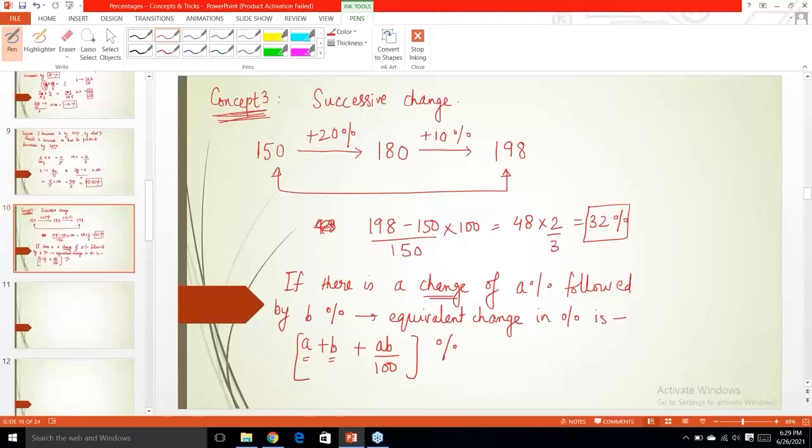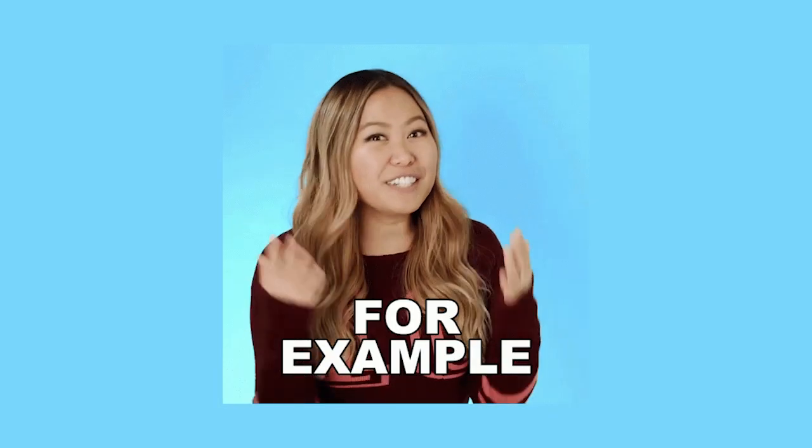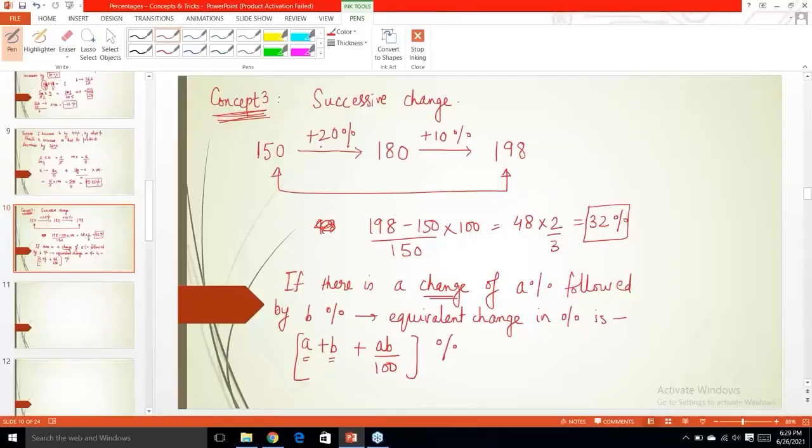And use this formula as is. So in this case, for example, A was plus 20 and B was plus 10. So what we have is 20 plus 10 plus 20 into 10 upon 100%, right? Which is 32%, which is what we got here also.